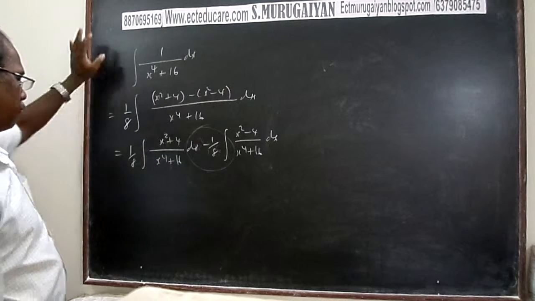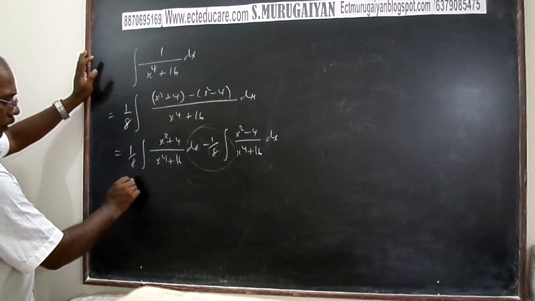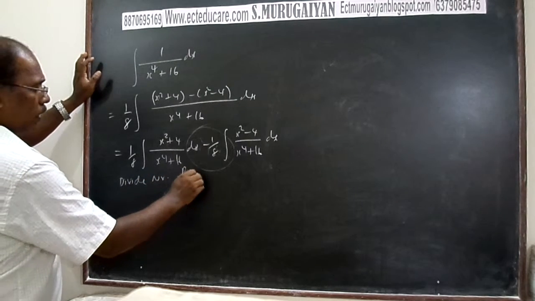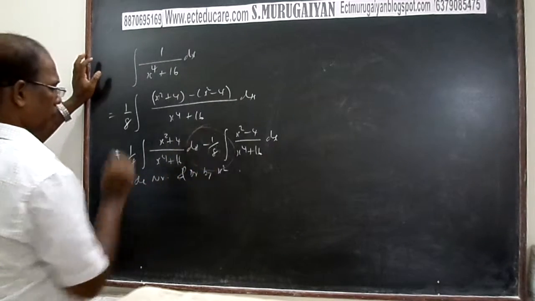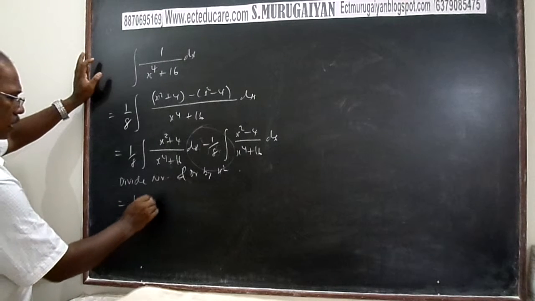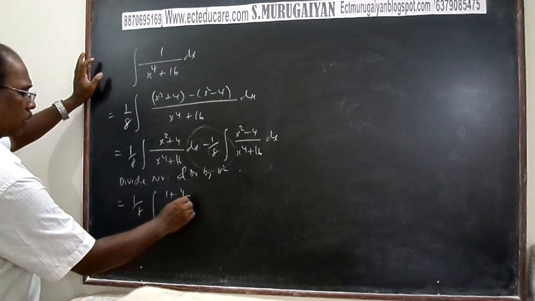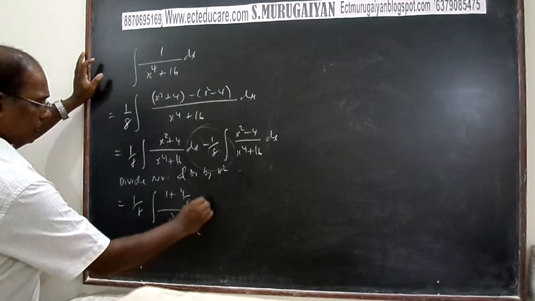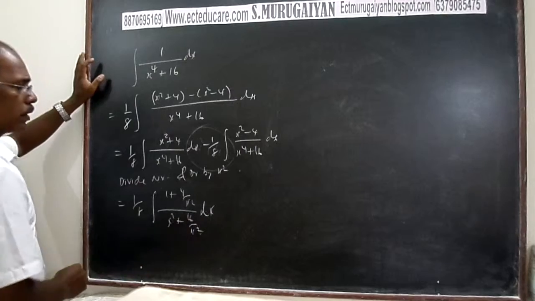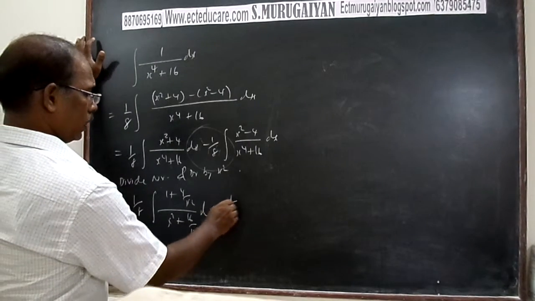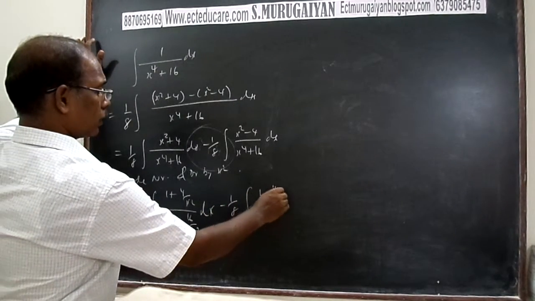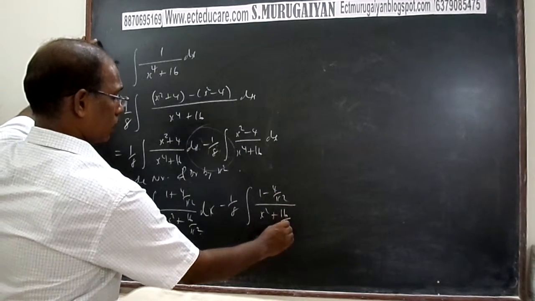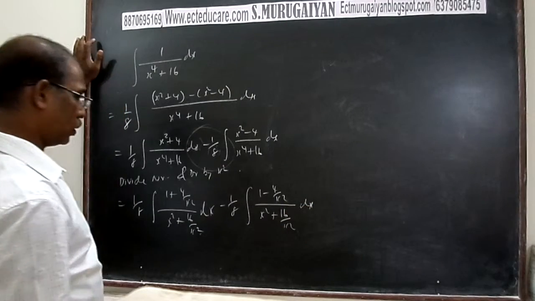So as a regular method, divide numerator and denominator by x square. So 1 by 8, integral of 1 plus 4 by x square over x square plus 16 by x square dx. This is the first integral, I1, minus 1 by 8, 1 minus 4 by x square divided by x square plus 16 by x square, is I2.